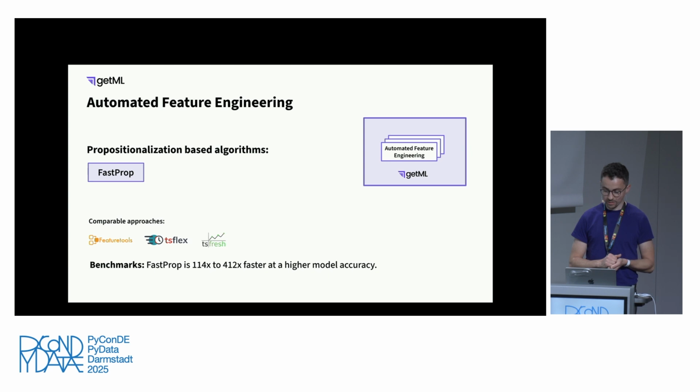The first one, which I want to showcase to you later on, the one that is part of our getML community edition, is FastProp. FastProp is short for fast propositionalization. At the end, it's, kindly said, just the try-out-everything approach.